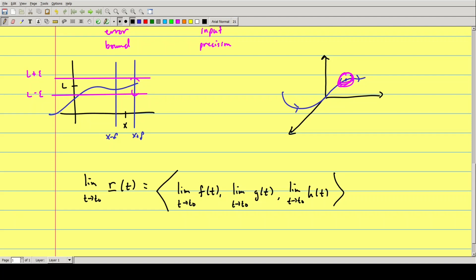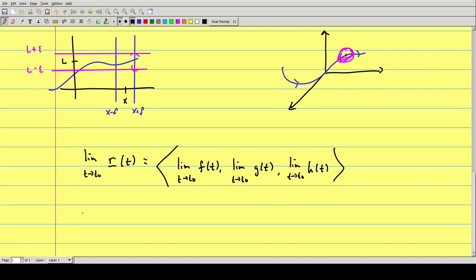Okay. Now, because limits work the same way in the vector valued case as they do for the individual cases, if you know that the component functions are continuous, you can use that to help you evaluate the limit. Okay.